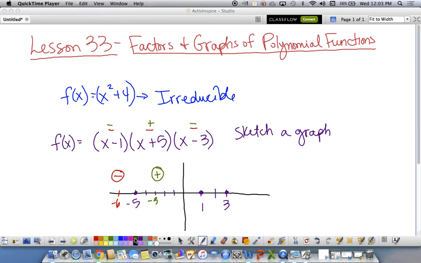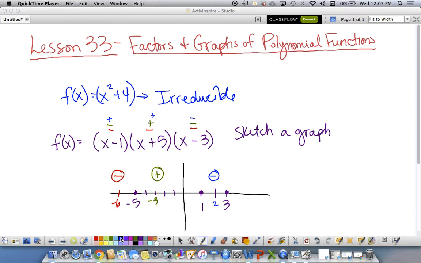So in between all of these, we could have plugged in 0. And then we would plug in a 2, because that's the next piece that I have between the zeros. We plugged in 2, we would have a positive, and a negative, which would make it negative.